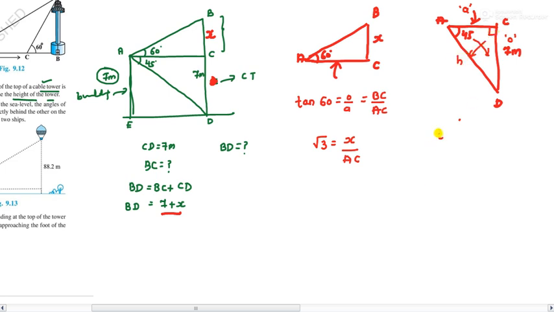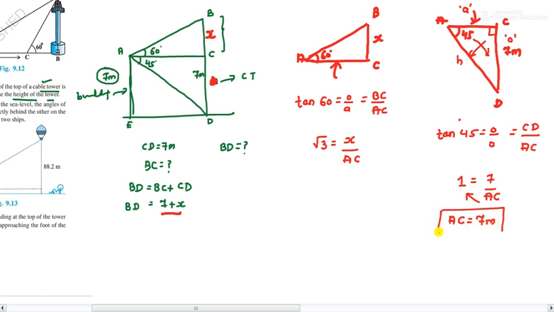Again using tan 45, we have O by A, opposite is CD, adjacent is AC. Tan 45 is 1, CD is 7, AC is as it is. Now if I do cross multiplication, I'll get AC into 1 is 1, so AC is 7 meter.